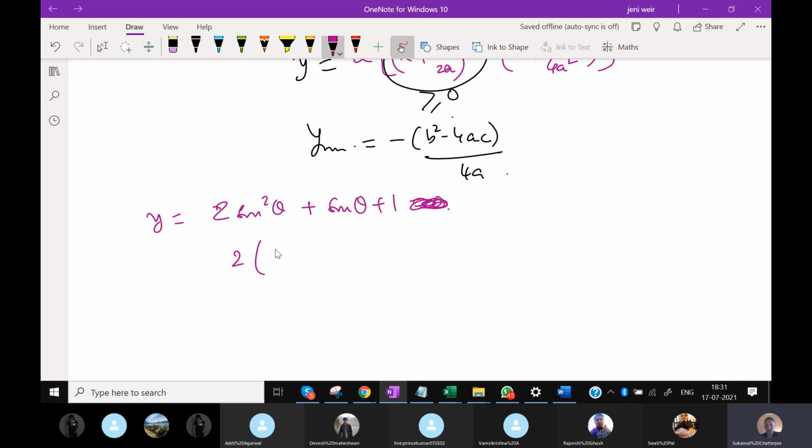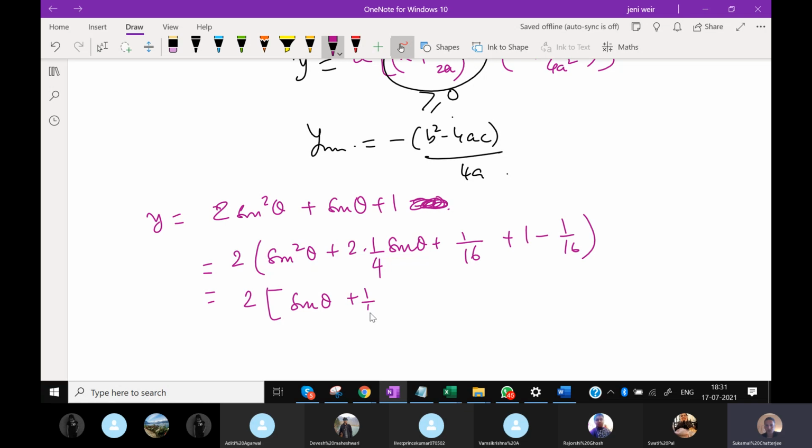So this is sine square theta plus sine theta by 2, which is 2 into sine square theta plus 1 by 4 sine theta plus 1 by 16, plus 1 minus 1 by 16. So this is equal to 2 into sine theta plus 1 by 4 whole square plus 1 minus 1 by 16, which is 15 by 16.